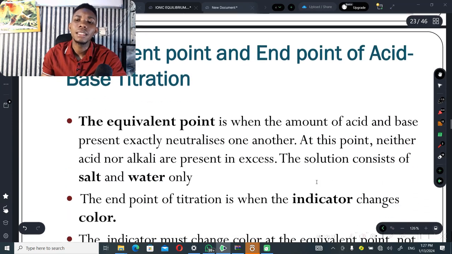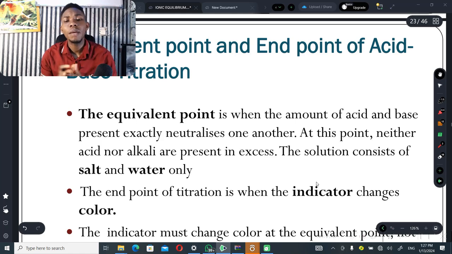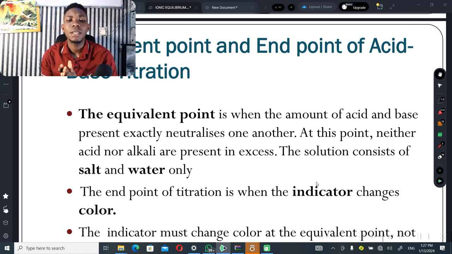Now equivalent point and endpoint. Now the equivalent point is when the amount of acid and base present exactly neutralize one another. At this point, neither acid nor alkali is present in excess. So in a situation where the acid and base neutralize each other, so that there is no base nor acid, and only salt and water is formed, that is called the equivalent point of a titration.